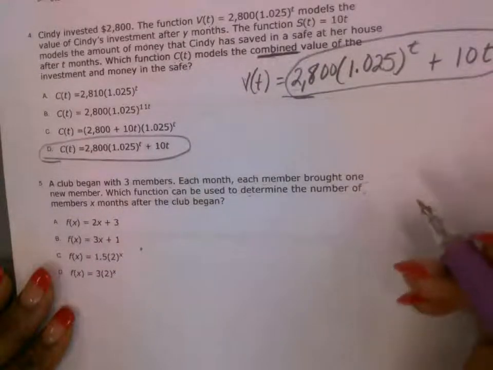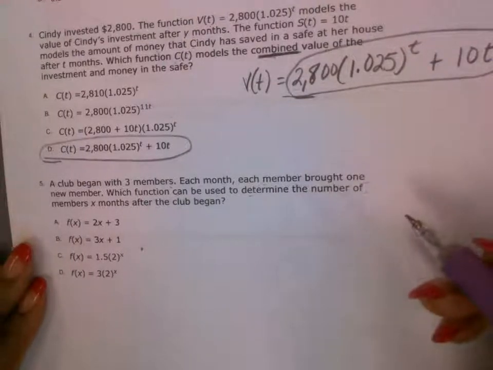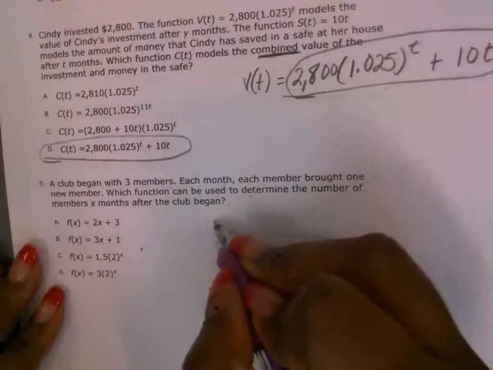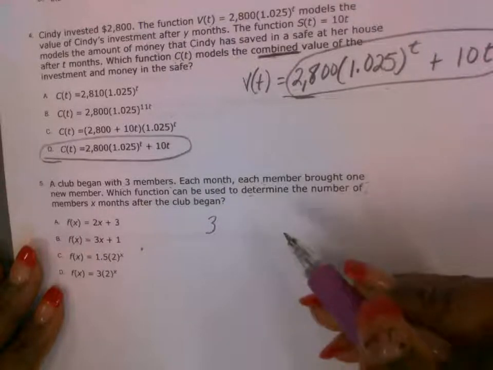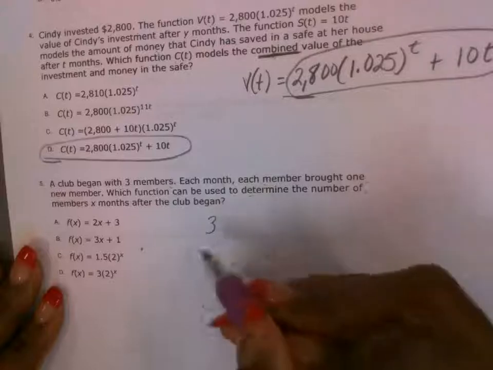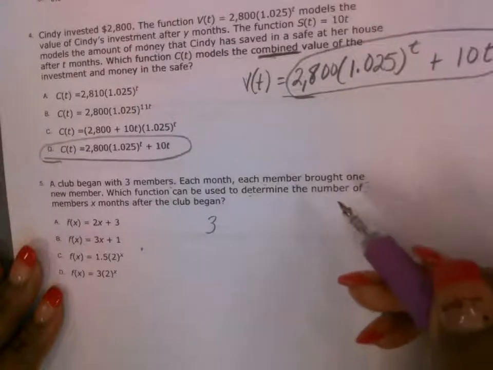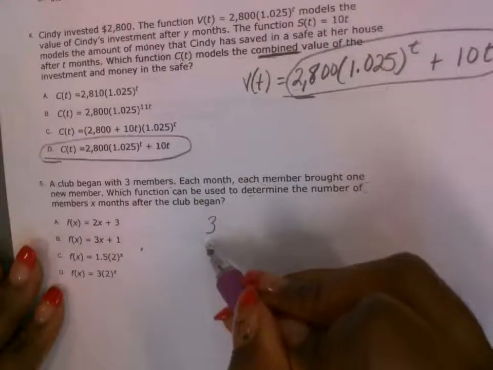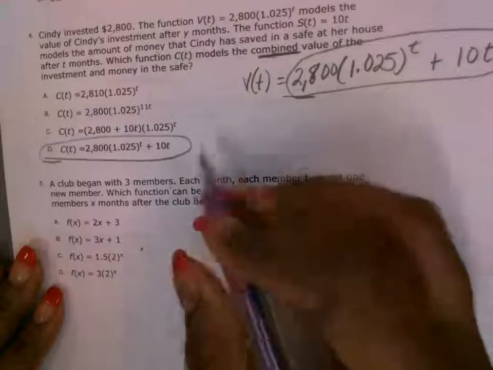The starting number is going to be 3. So you start off with 3 people, and those 3 people each brought a person. So how much is it total? You've got the 3, plus 3 other people, right? Because each one of these people brought a person. So how many is that so far?